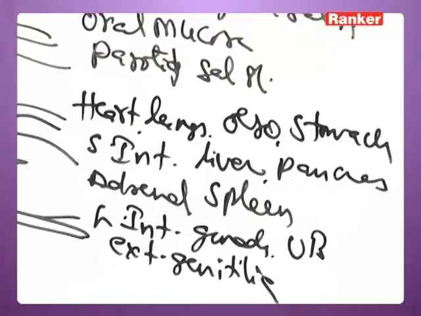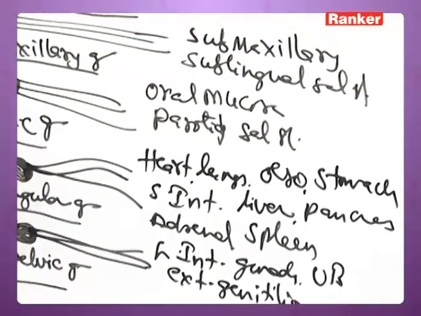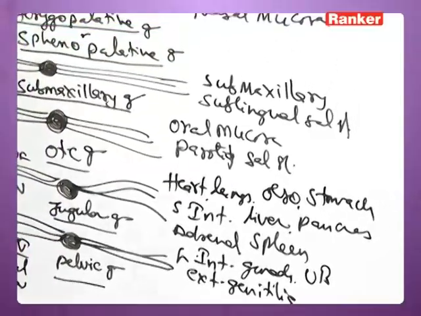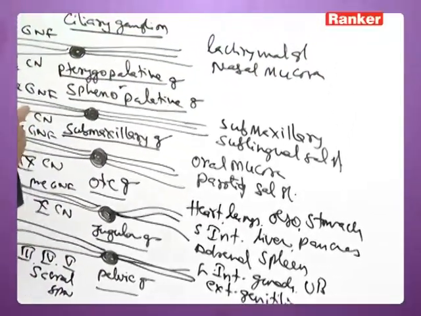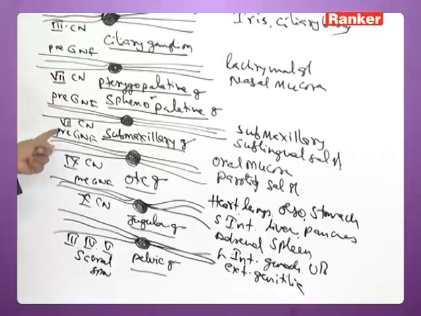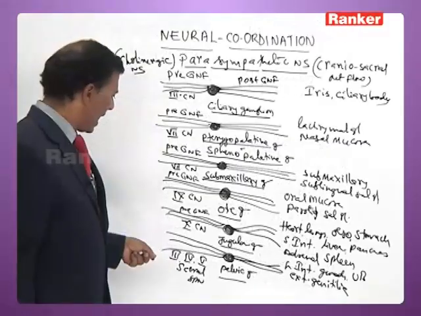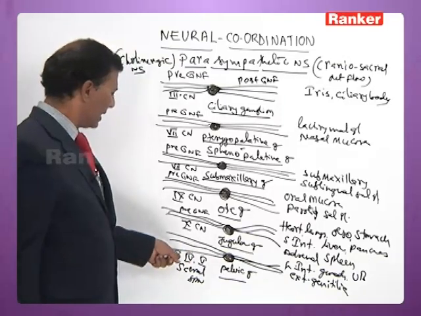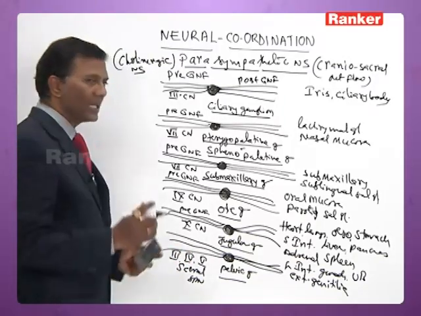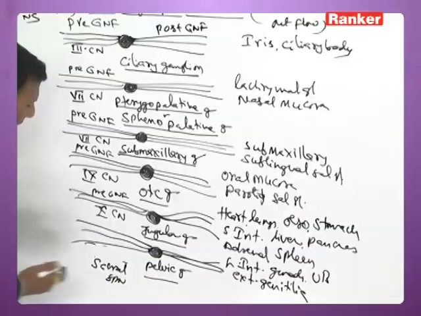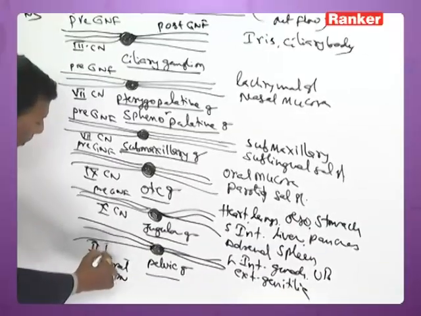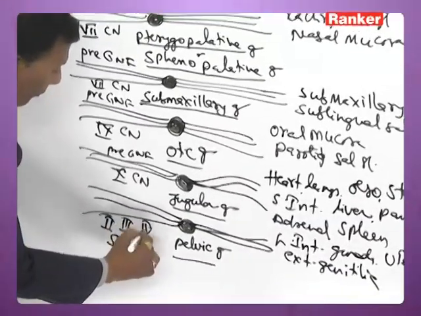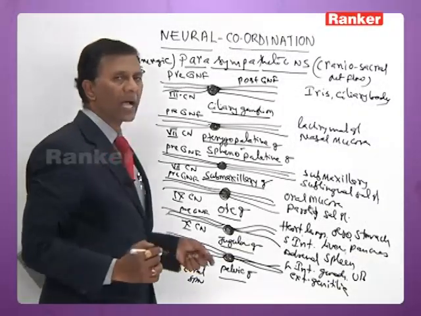Like that, the preganglionic nerve fibers of the parasympathetic system are associated with the 3rd, 7th, 9th, 10th cranial nerves, and the 2nd, 3rd, 4th sacral spinal nerves.